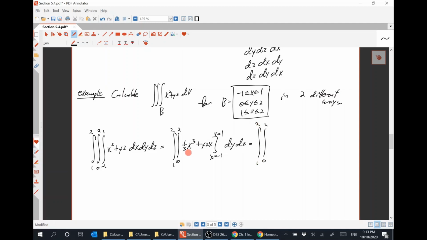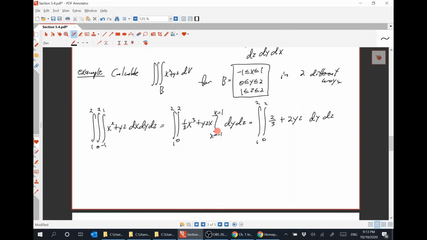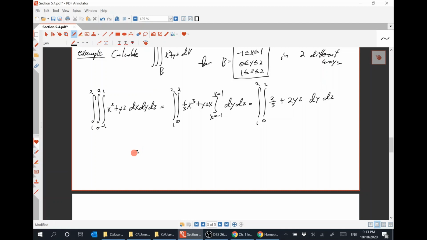So evaluating at 1, you get 1/3. Evaluating at negative 1, you get negative 1/3, but we're subtracting them, so you get 2/3. Here you get yz, negative yz, but we're subtracting them, so you get 2yz, dy dz. Antiderivative with respect to y: 2/3 y plus y squared z for y equals 0 to y equals 2.